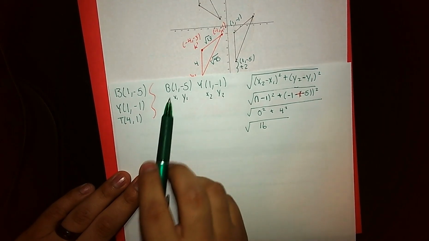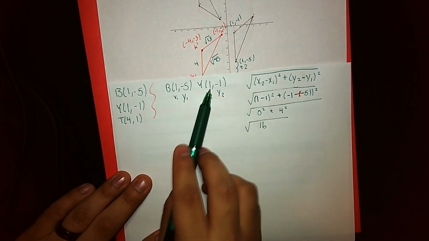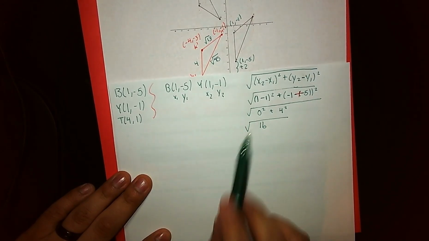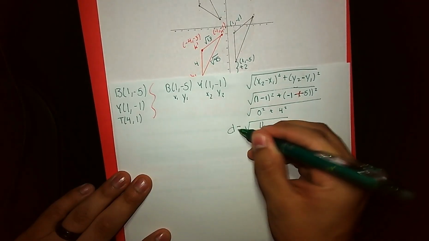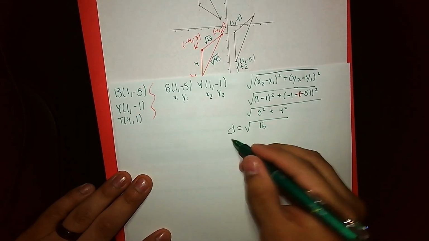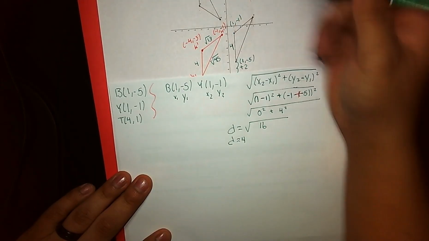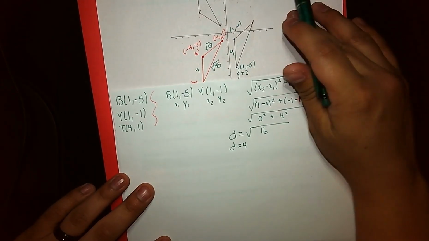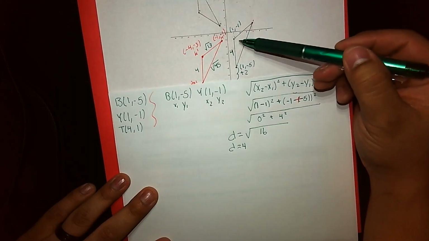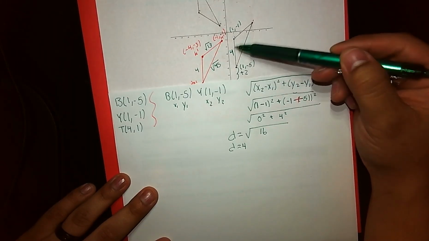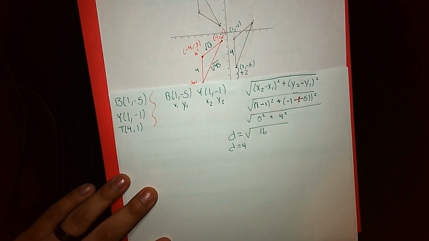So the distance from B to Y is the square root of 16. But we know what the square root of 16 is. It's 4. So this distance is 4. And you kind of see, looks like if this triangle was translated onto here, this side is preserved. The distance is preserved.